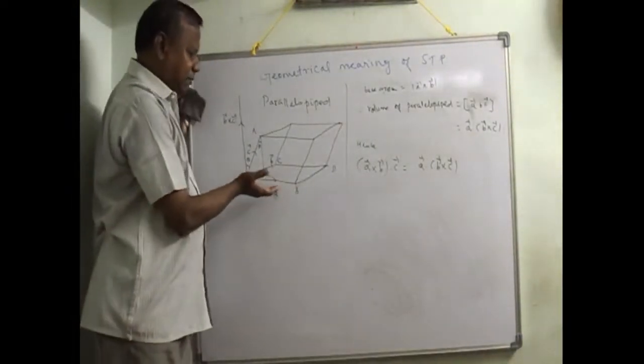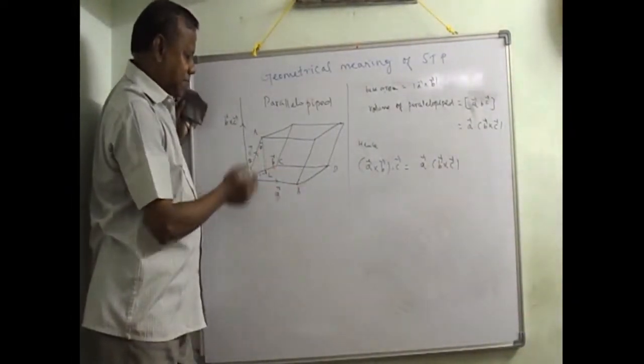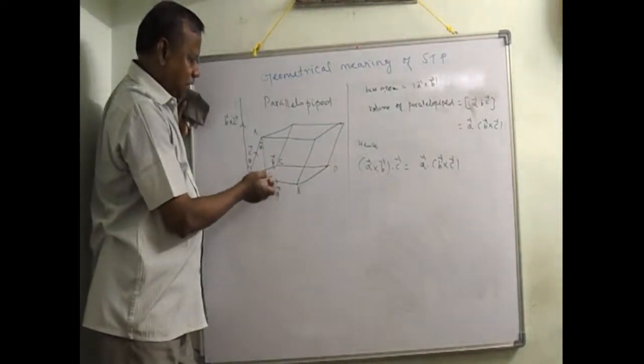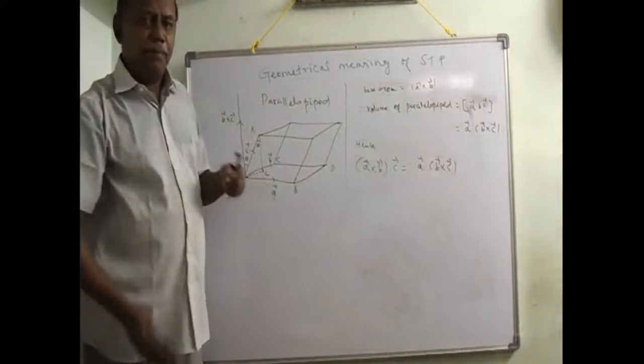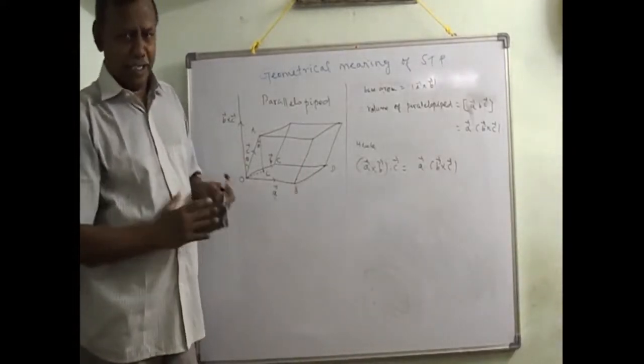Since we are free to take the edges as ABC, BAC or CAB like this, the cyclic permutation of vectors is possible in STP.